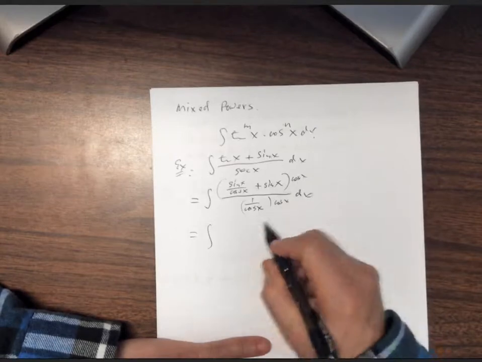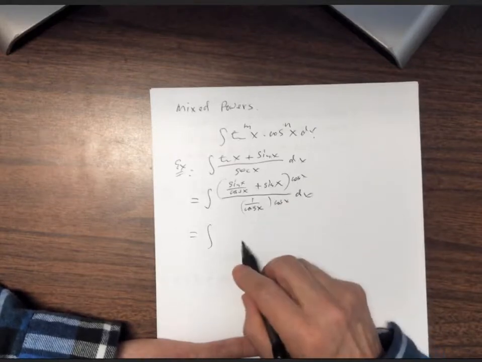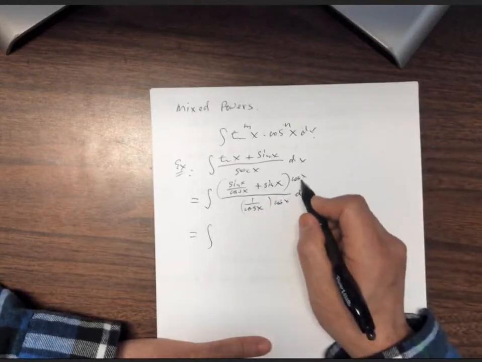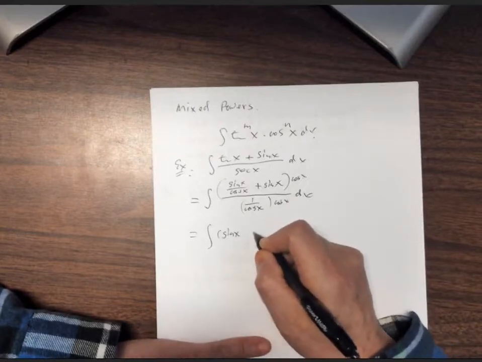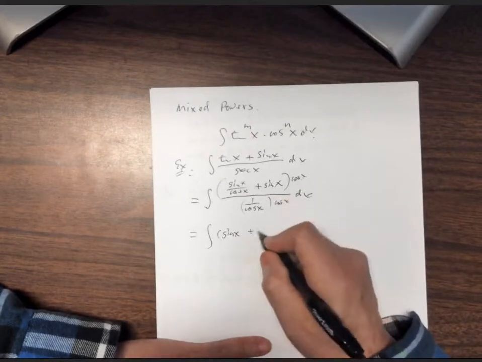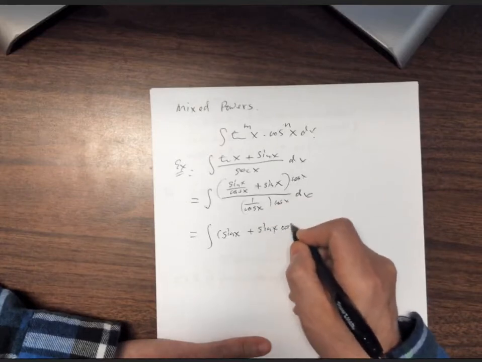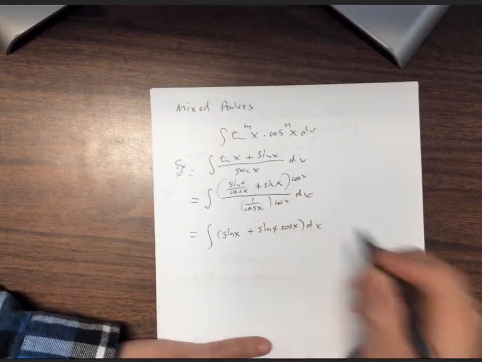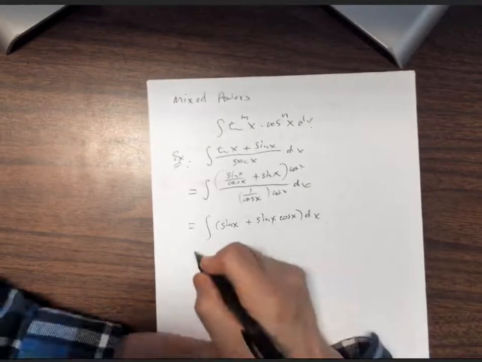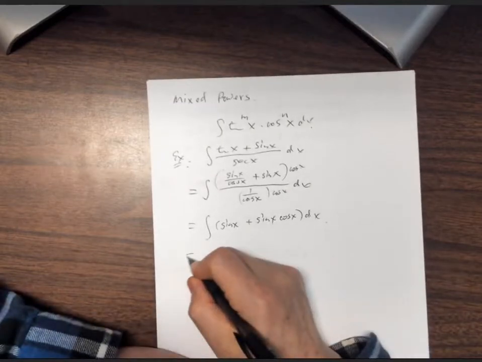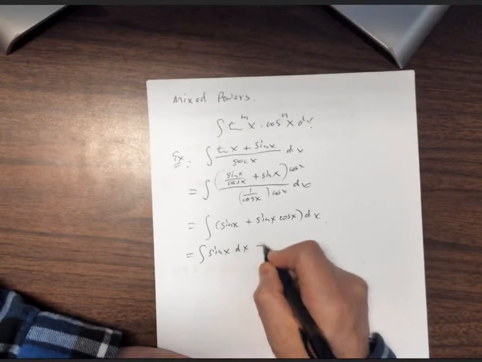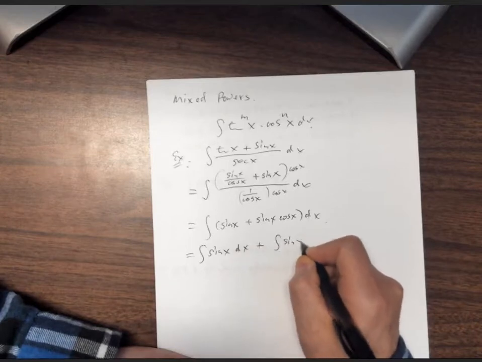Actually, the bottom, if you multiply, it becomes 1, so it's not a fraction anymore. Cosine times this becomes sine. Cosine times sine is sine cosine. Alright? So, two integrals. Totally different integrals that we do differently.